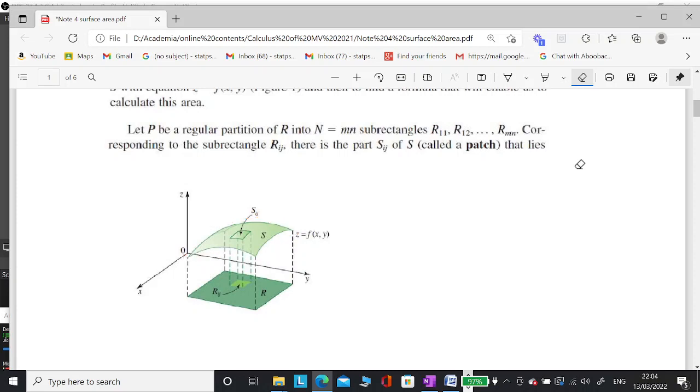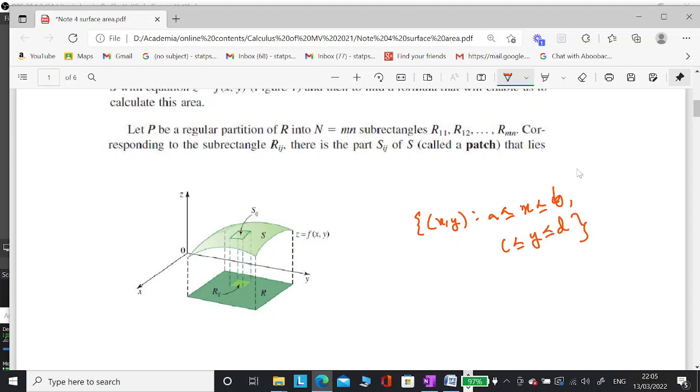Only through approximation. For that, first of all, in our usual system we should consider a rectangle, the rectangular set of all x y such that a less than or equal to x less than or equal to b and c less than or equal to y less than or equal to d.